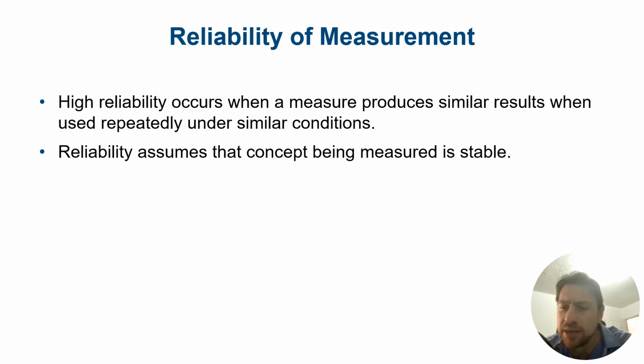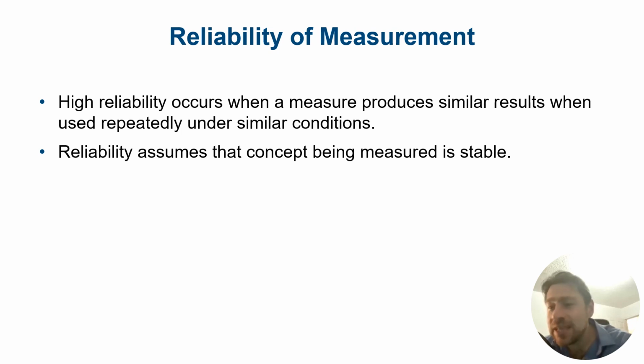Okay, so we talked about validity, and now let's talk about the other criterion, which is reliability. Is your test reliable? And by that we mean the following. Does a measure produce similar results when used repeatedly under similar conditions?